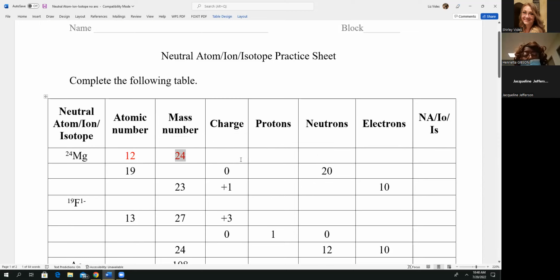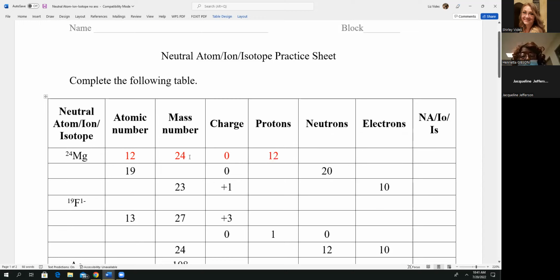Notice I am just writing it down. Nobody told us there's a difference, and there's no charge here, so we're going to assume there is no charge. That means our protons are also 12. Remember, protons and atomic number are the same.